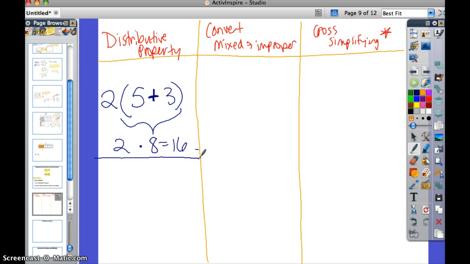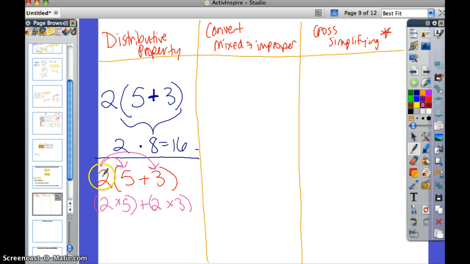To do the addition in the parentheses first and then the multiplication. But the distributive property says that you can create two multiplication problems from this by distributing the 2 to both numbers in the sum. So 2 times 5 can be done, which would then be added to 2 times 3.